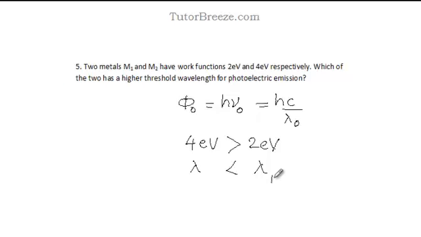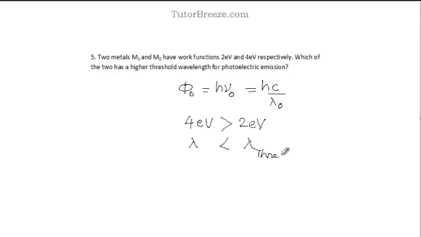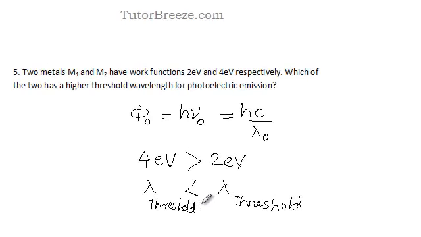So this is the threshold value of the wavelength. And this is also a threshold value of the wavelength for a metal whose work function is 4 electron volt. So this will have a higher value of wavelength than this, because this is a lower value of frequency as compared to this.